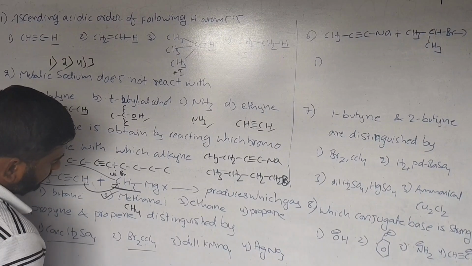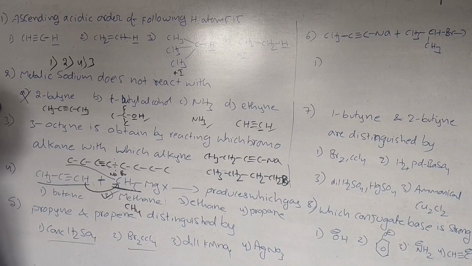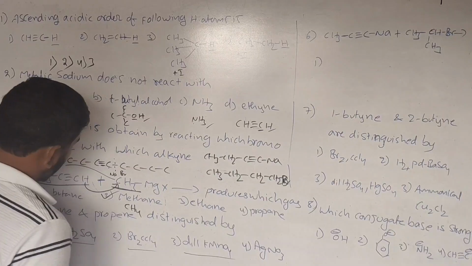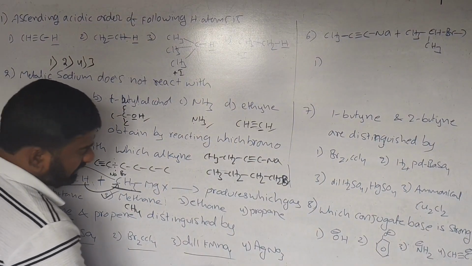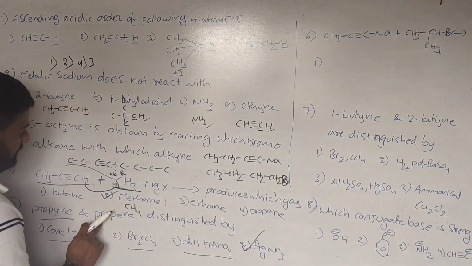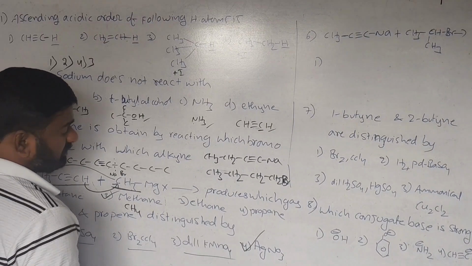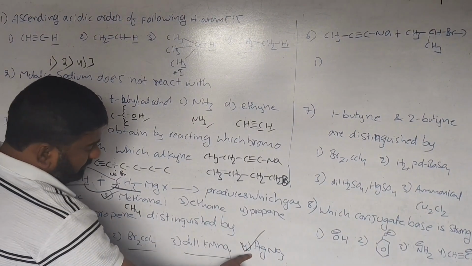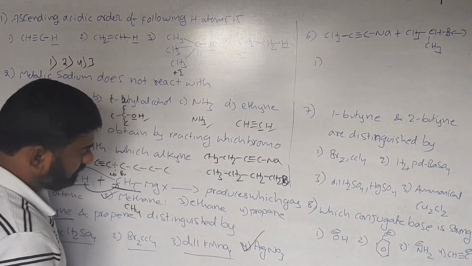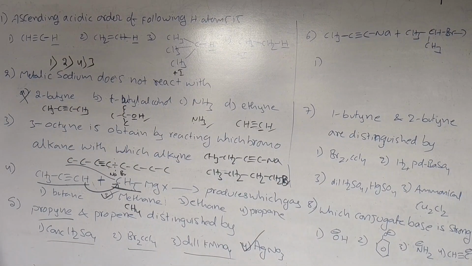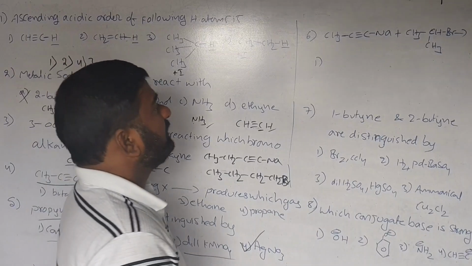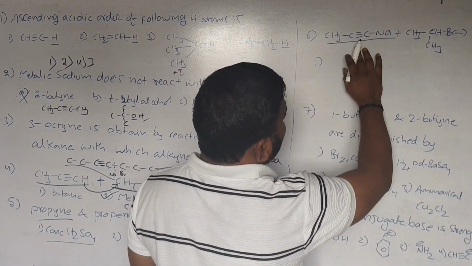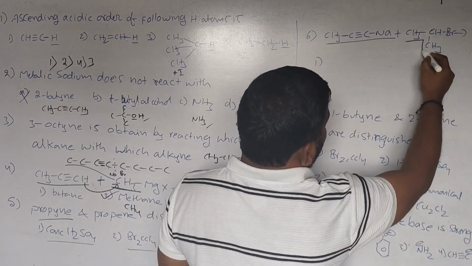Both will react with Br2 in the presence of CCl4. With dilute KMnO4 also both will react. With AgNO3 only the alkyne with the acidic hydrogen will react, but alkenes do not react. So the answer is AgNO3.